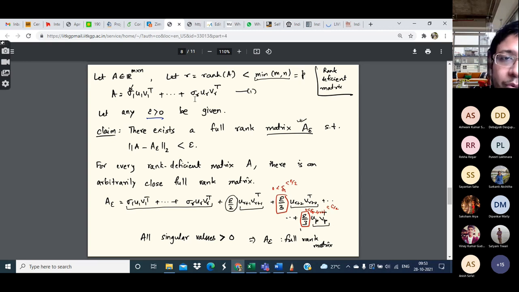Similarly, u_1, u_2 up to u_r have been defined with respect to the singular values, but they are orthogonal vectors which are m dimensional.